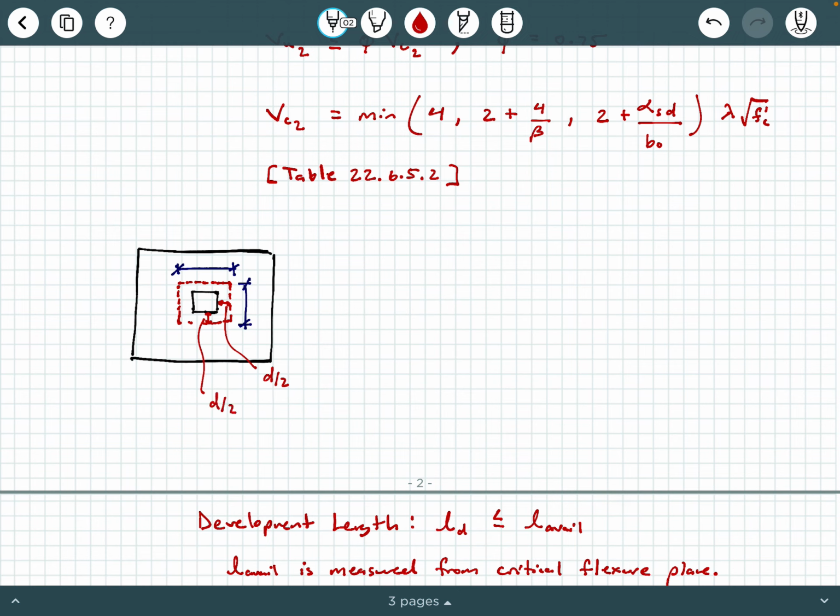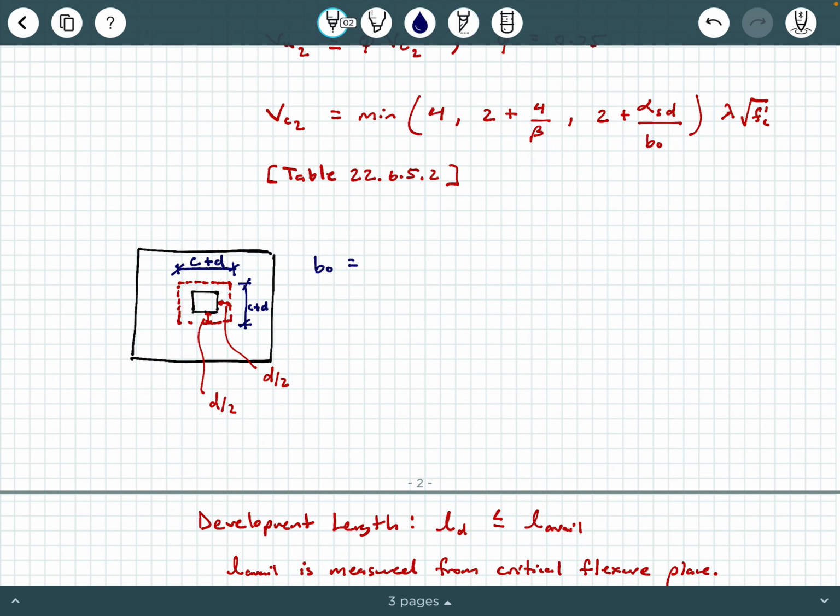So if I move d over 2 out away from the column along all four sides, then I'm going to get these dimension lines as C plus d, okay? And so this b naught value is what we call the punching shear perimeter, all right?